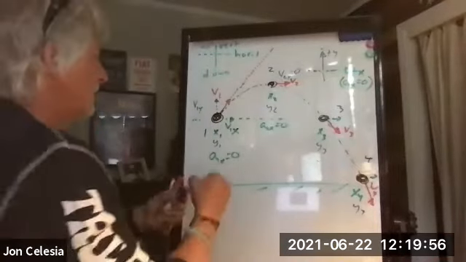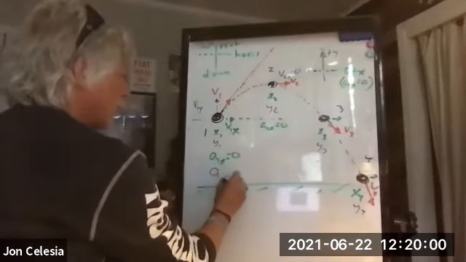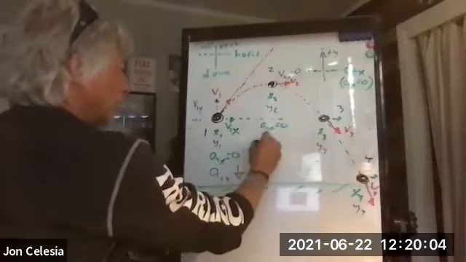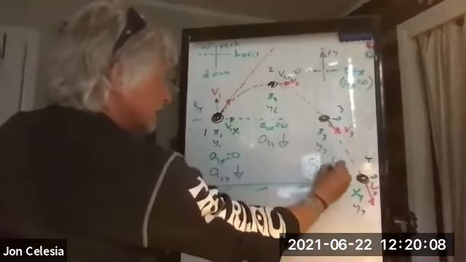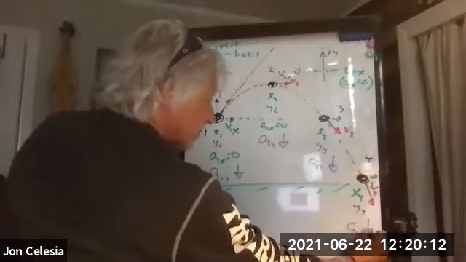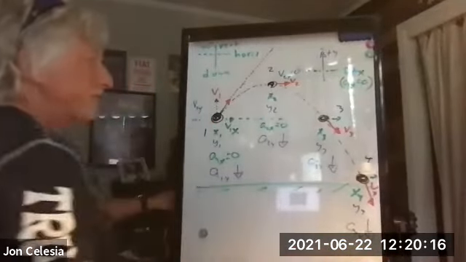I could say A1y is down, A2y is down, A3y is down. Just write notes. A4y is down. If I call it positive, then it's negative, negative, negative, negative.